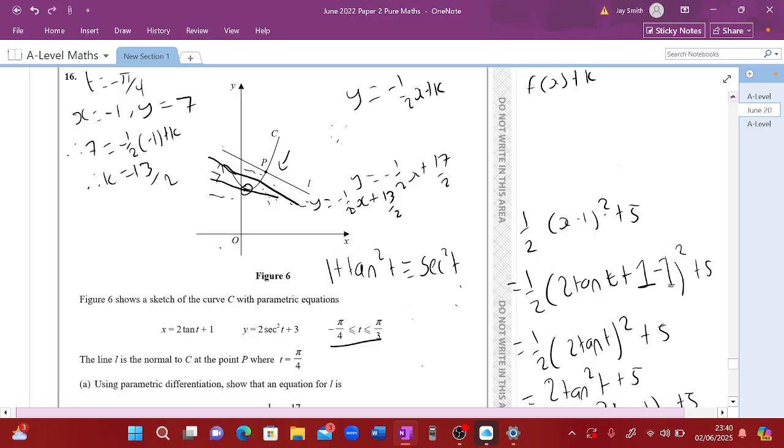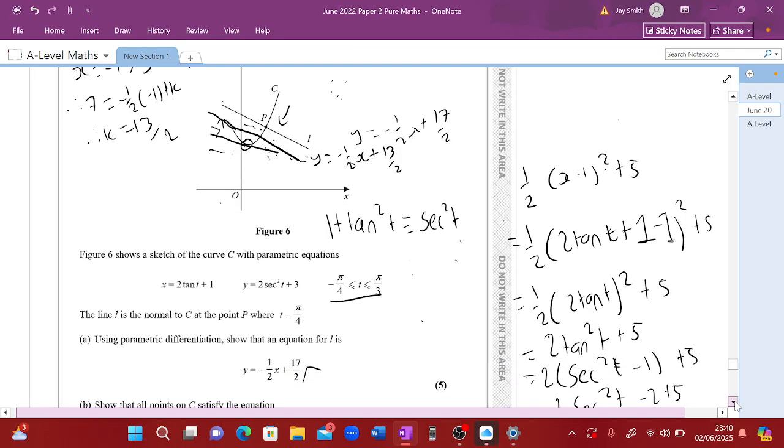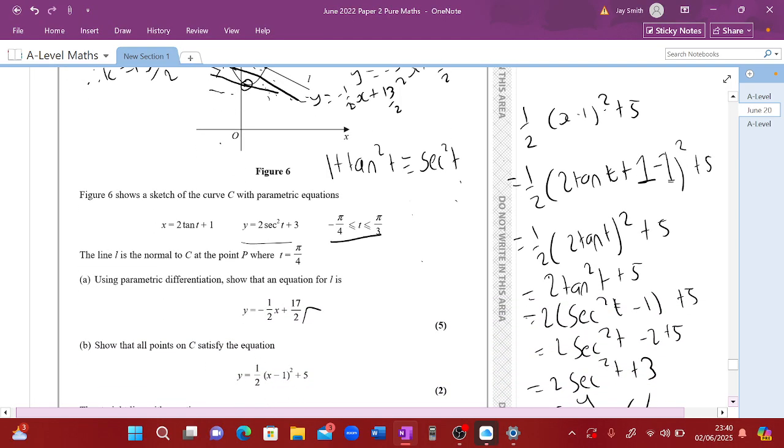So what we're going to do, and we know the Cartesian equation, don't we? I say discriminant because we know the curve equation has this form, and that's a quadratic. So what I'm going to say is a half of x minus 1 squared plus 5 is equal to minus a half x add k.